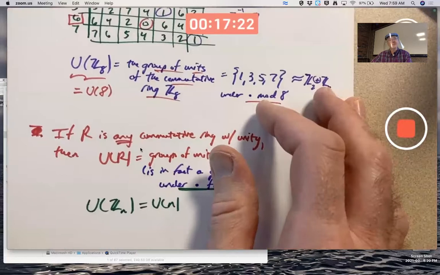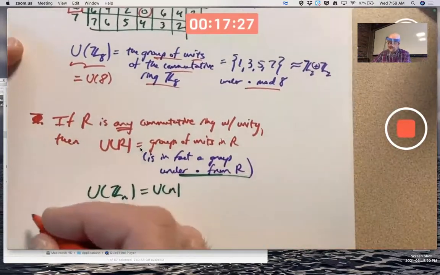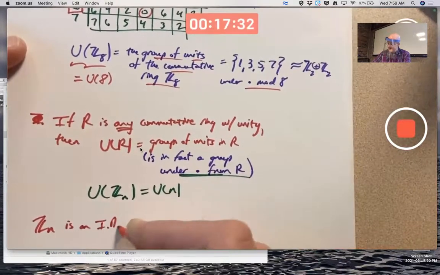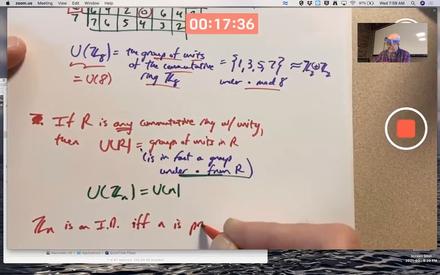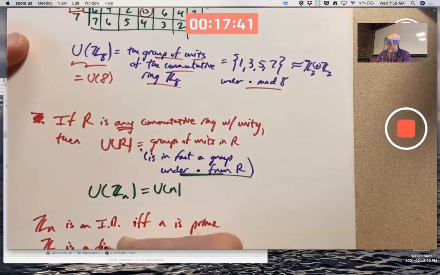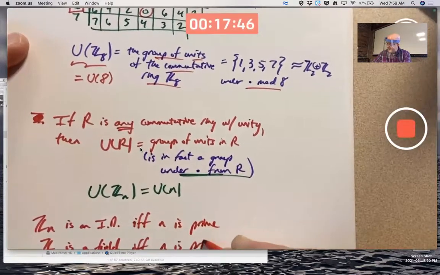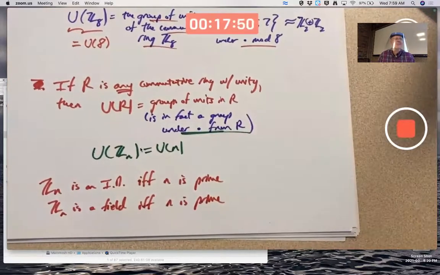And Zn, in fact, is a field if and only if n is prime. But remember, fields and integral domains are not the same. Are they?